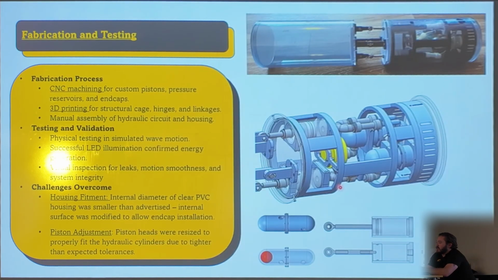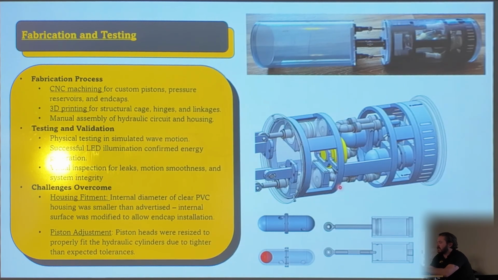Some challenges that I overcame within this whole process: the housing came in with a smaller than expected internal diameter, and so did the hydraulic cylinder for the pistons. So I had to make alterations to all of my components so that they would accommodate that new internal diameter.